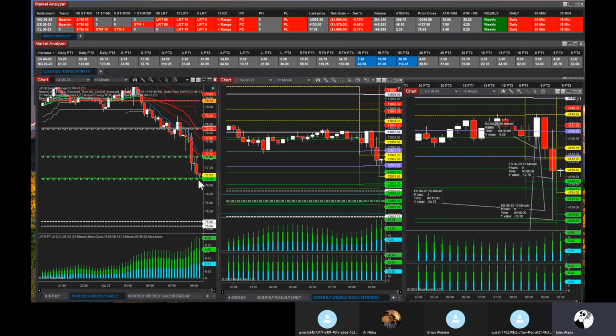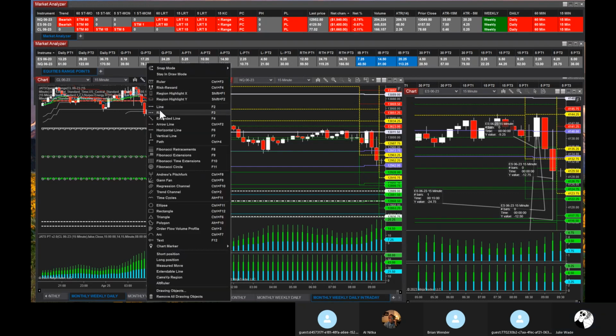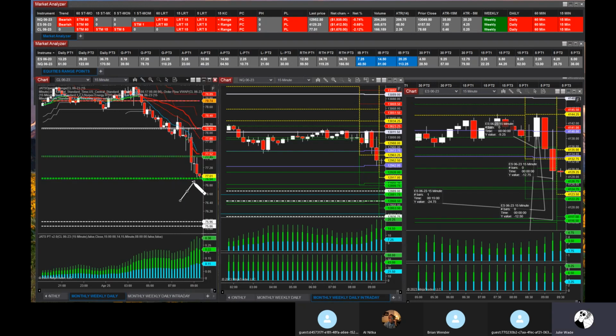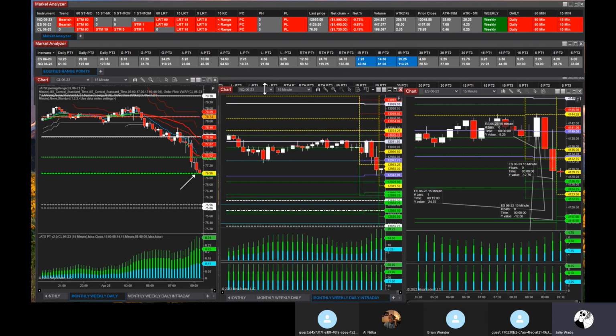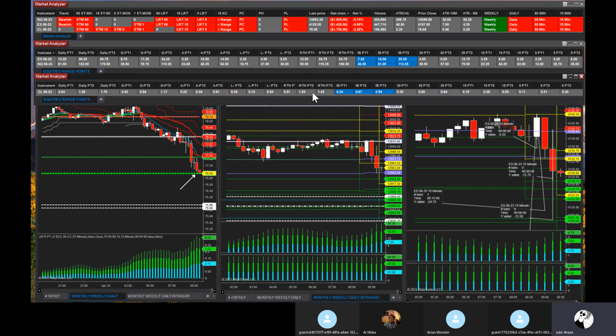So you can see that the price is sitting on this crude PT3 pretty much. Daily 3. If it breaks, there's the weekly right there. That would be a pretty healthy drop. We're already at, let me look, 215.